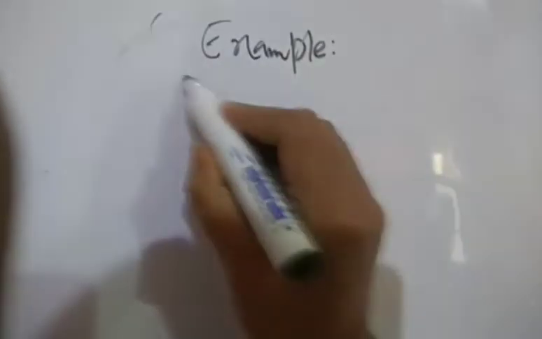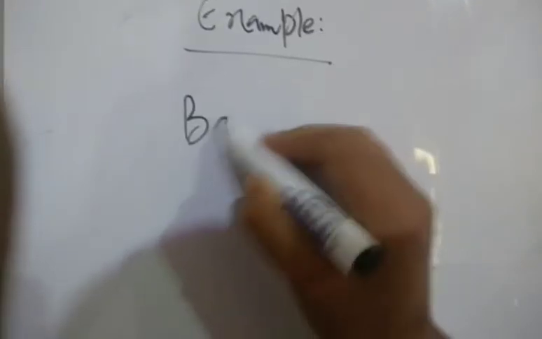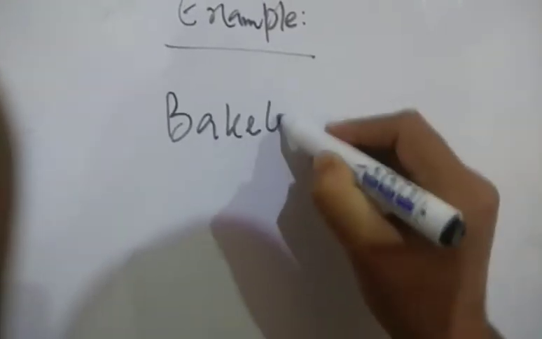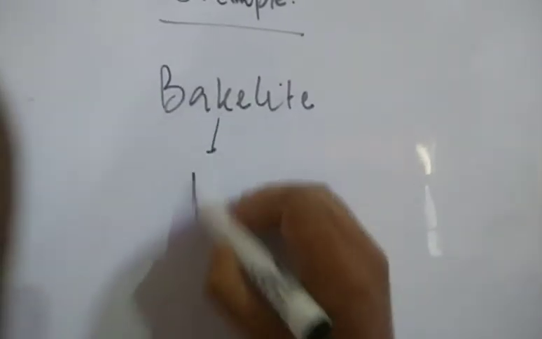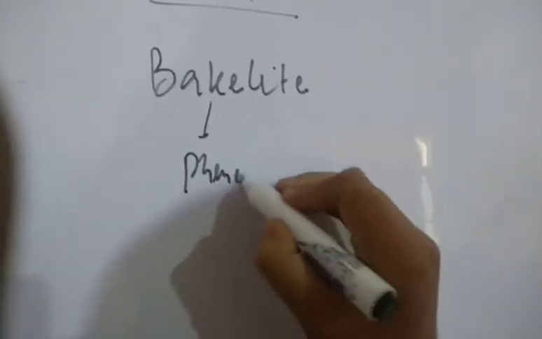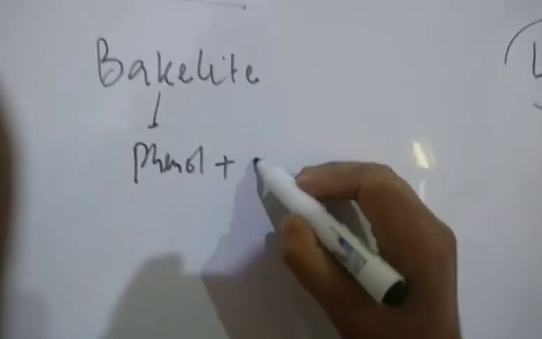Now, examples are very important. We'll discuss those in detail in our incoming lectures, but I will take some examples. For example, bakelite. Bakelite is a 3D cross-linked polymer, which is formed from phenol plus formaldehyde.